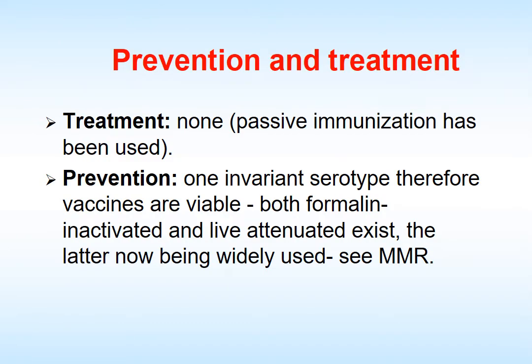Prevention and treatment. Specific treatment is usually not used. Prevention can be by monovaccine, an inactivated or live attenuated vaccine can be used, or a complex vaccine, mumps, measles, rubella vaccine.